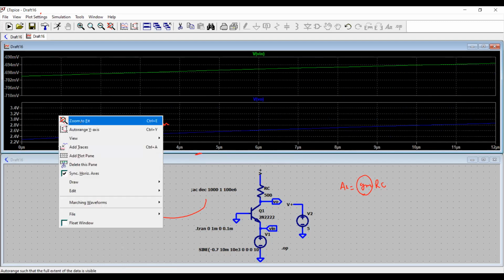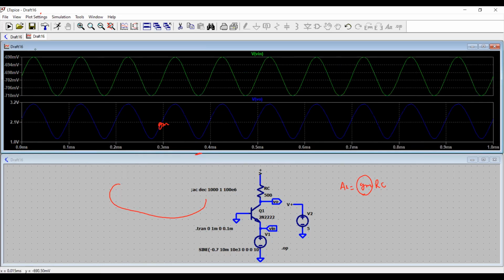So 700. So the gain is about 70, because you have a 10 millivolt peak and 700 millivolt is the output. So you gain about 70, right? So we'll see that. So that's it. So you got this voltage amplification, common base working as a voltage amplifier.